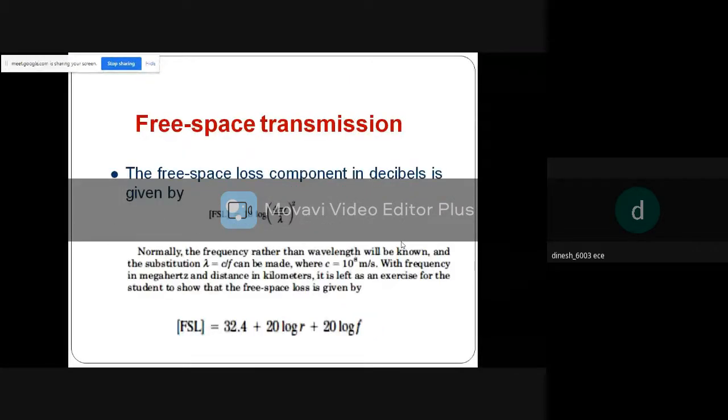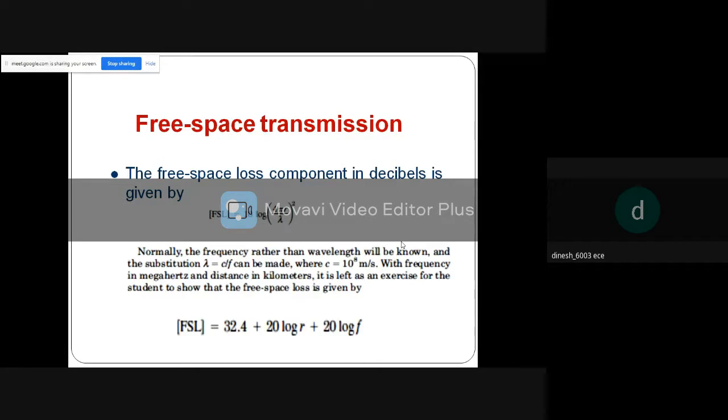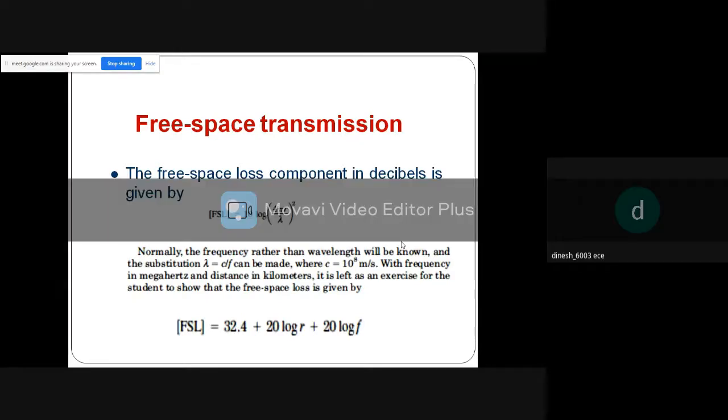The free space loss component in decibels is given by 10 log (4 pi r divided by lambda) the whole square, where lambda can be obtained from the carrier frequency and c, the velocity of light. r is your distance in kilometers.